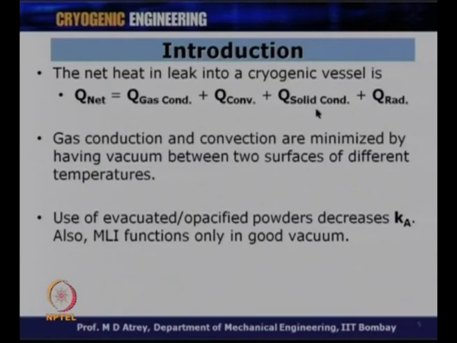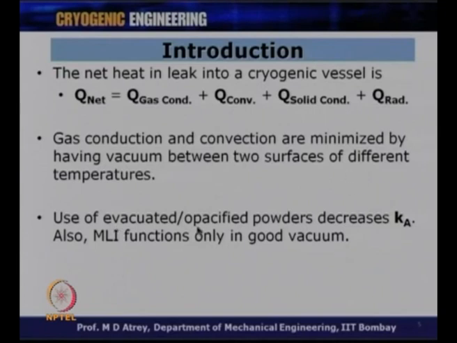Solid conduction is taken care of by different aspects, having very small size perlite powder or having spacers. We know that an optimum number of MLI layers could be used, so that Q solid conduction also could be minimized. So, MLI can definitely reduce Q radiation, and it will also minimize Q solid conduction.